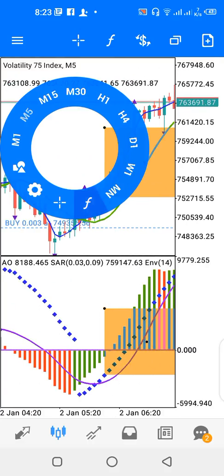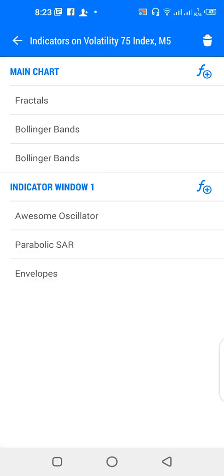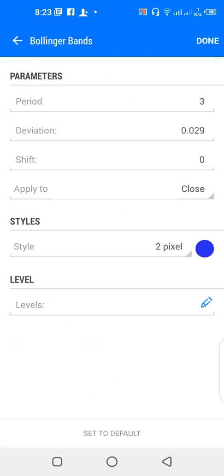Let's move on with the rest of the indicators. Still on the main window, we have Bollinger Bands. The period is 3, the deviation is 0.029, shift is 0, apply to close, and the color is blue.